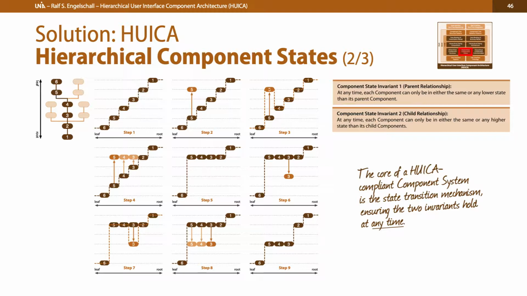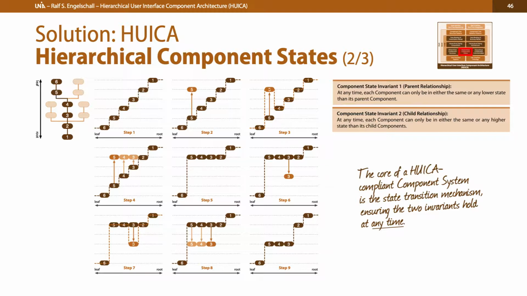So in step number 1, component 1, the root, is at the highest component state, and component 6 is at the lowest state. Now imagine what happens if in step number 2 component 5 should be increased to a higher state, usually done programmatically by triggering a state transition.